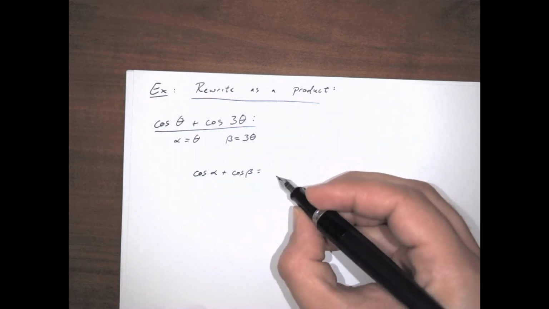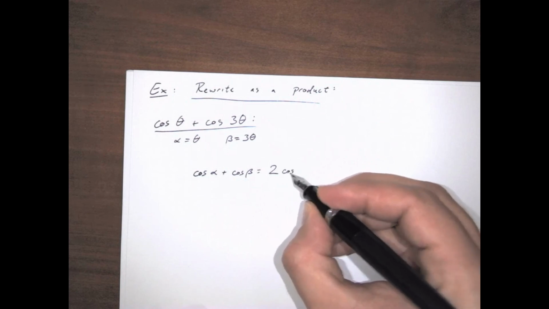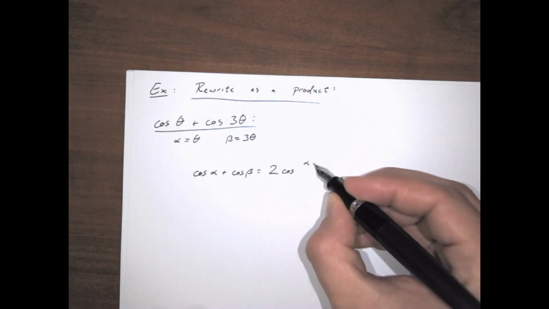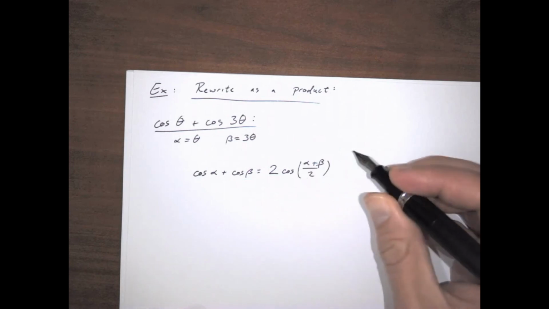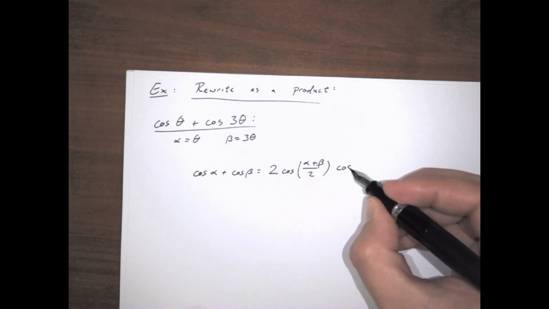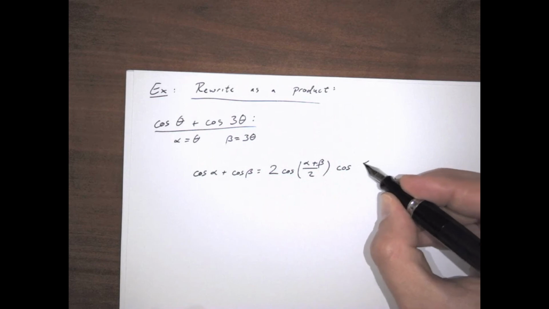So that's going to be cosine alpha plus cosine beta equals 2 cosine alpha plus beta over 2 cosine alpha minus beta over 2.